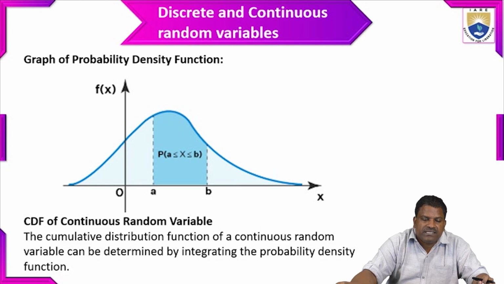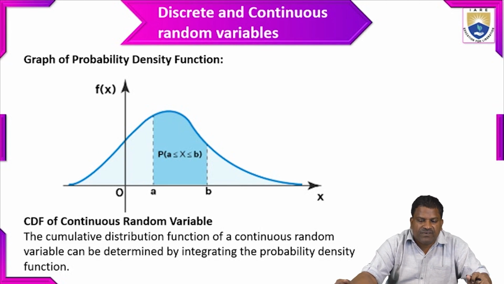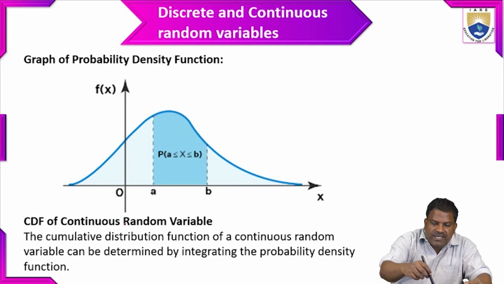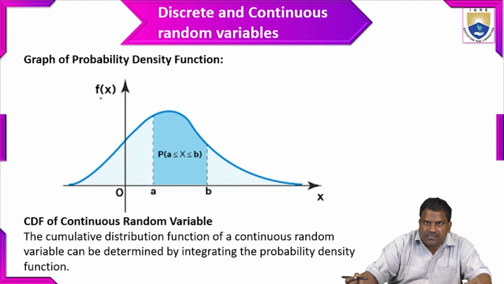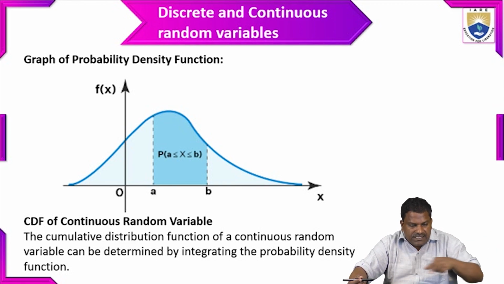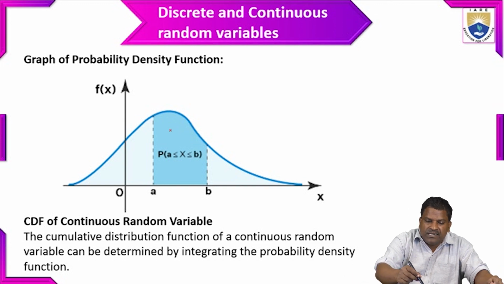Now let us discuss the graph of the probability density function. Here, let us see the x-axis. Let us take 2 points A and B on the x-axis. The y-axis represents f of x. The area surrounded by x equal to A, x equal to B, f of x and the x-axis is the shaded part.